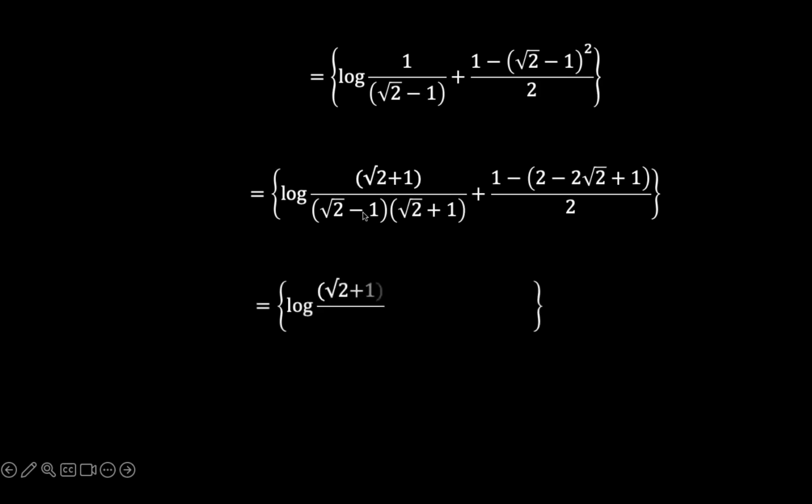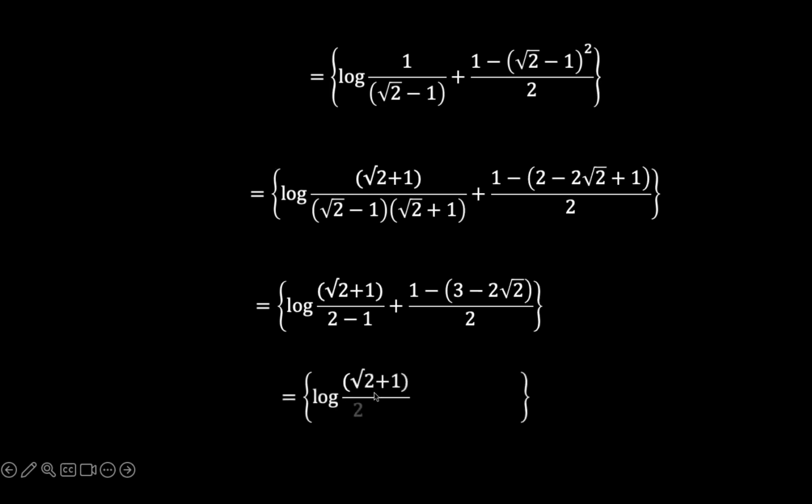So we have here, first of all, root 2 plus 1 under the log function, and then 2 squared minus 1. Because this is the multiplication of the difference and the sum, this is 2 minus 1, which is 1. So we have the natural logarithm of root 2 plus 1. And then here 1 minus 3 is negative 2.